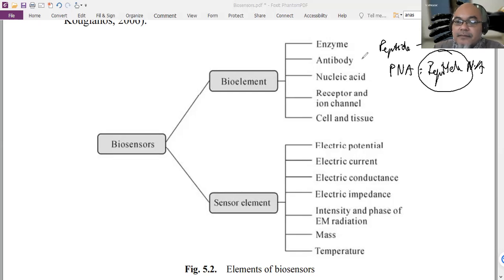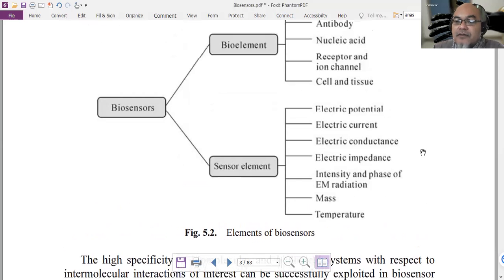Then, based on whatever physical changes happen, we can detect the potential changes. For example, when there is electron transfer or electron flow, we can detect the electric current. We can detect the conductance. We can detect electrical impedance.